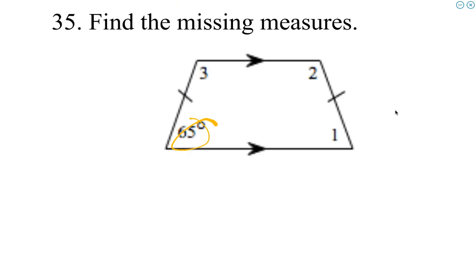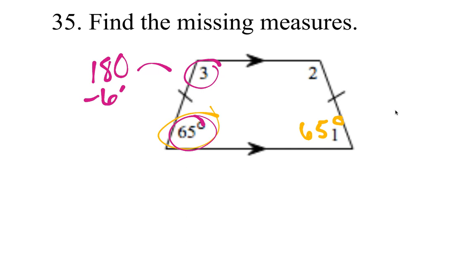So that means if this is 65, that means this is 65. And then these are supplementary. So this is 180 minus 65, which is 115, which means that's 115.